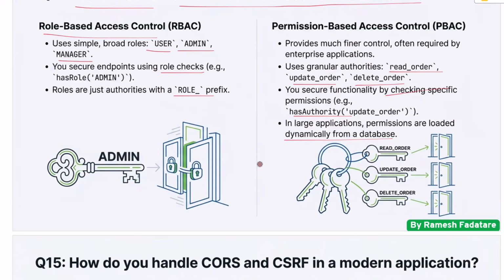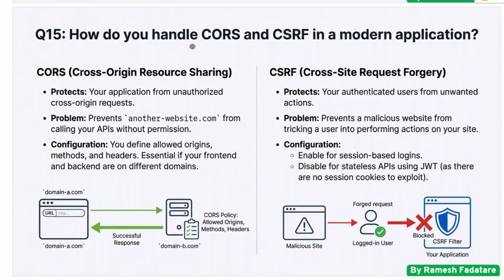The 15th question is, how do you handle CORS and CSRF in a modern Spring Boot application? CORS and CSRF are two separate concepts, but developers often confuse them. CORS protects your application from unauthorized cross-origin requests. For example, preventing another website from calling your APIs without permission.